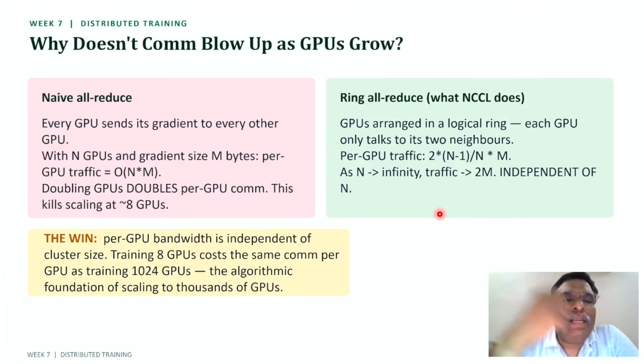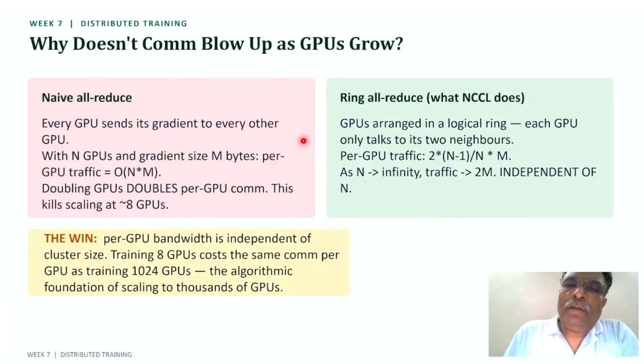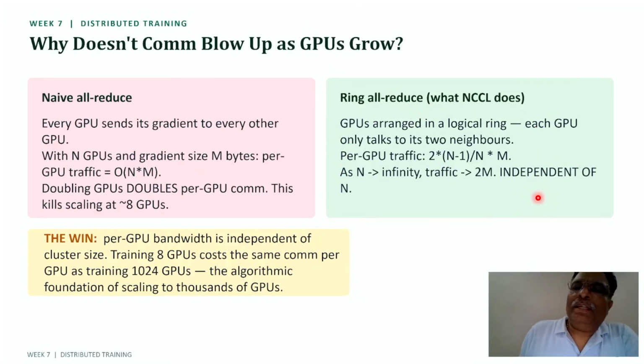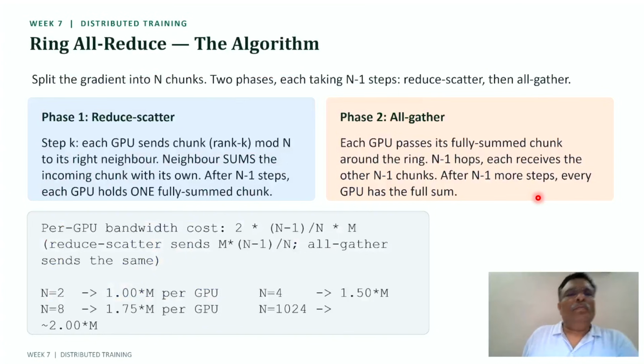So the basic idea is that the algorithmic foundation of scaling to thousands of GPUs is maintained using this particular formula, and we are independent of the number of GPUs we use. The traffic is basically hovering around 2m. Now, just to have a brief idea of what the ring all reduce algorithm is, we split the gradient into n chunks.